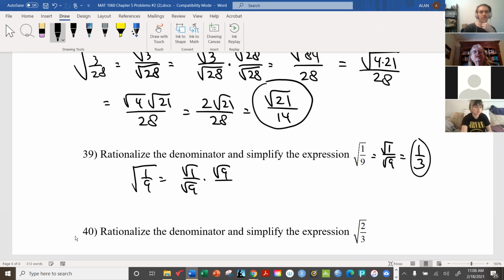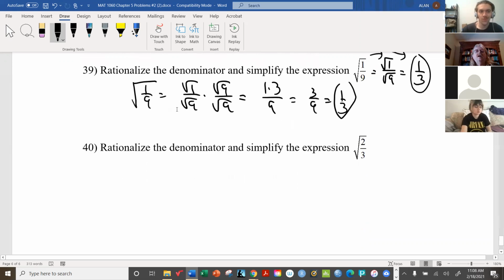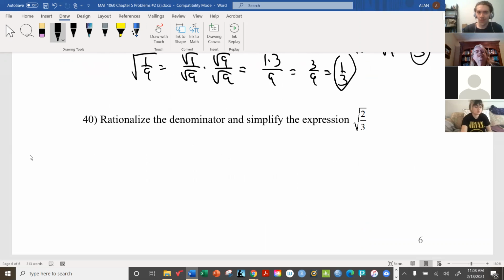You can certainly do it, but you're just going to wind up with 1 times 3 over 9, and you'll get 3/9, which is a third. But in a case like this, you can just go directly to here. Nice. Okay, one more. Now, what do we do with this one?